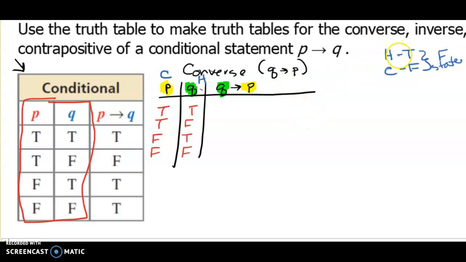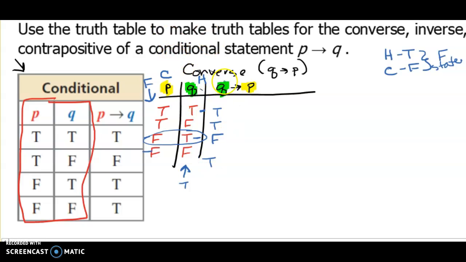So I'm going to look here. Remember, Q is the hypothesis. So where are we true here, but false here? We want true here, false here, and that would be a false statement. So we're true here and here, and then false here and here. So this would be a false statement. The others are true.